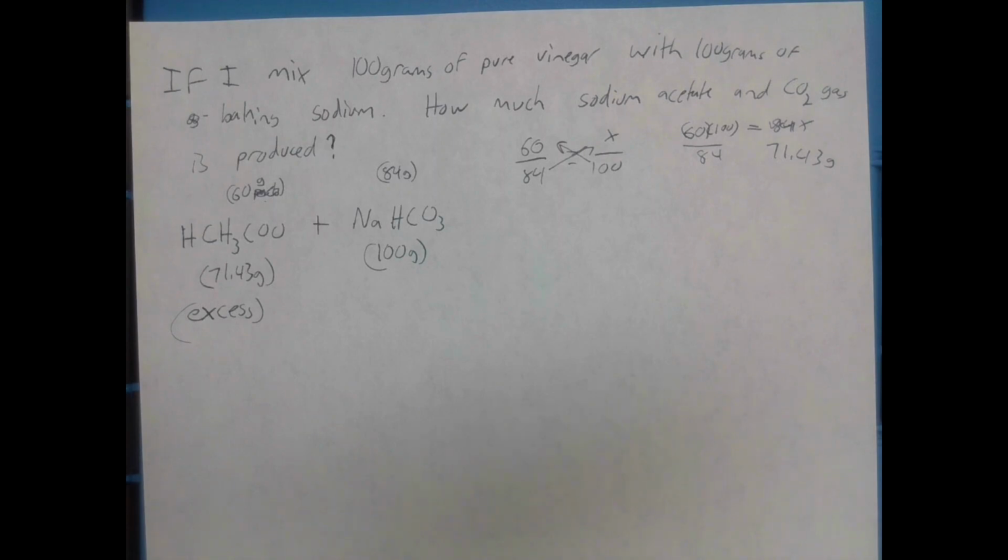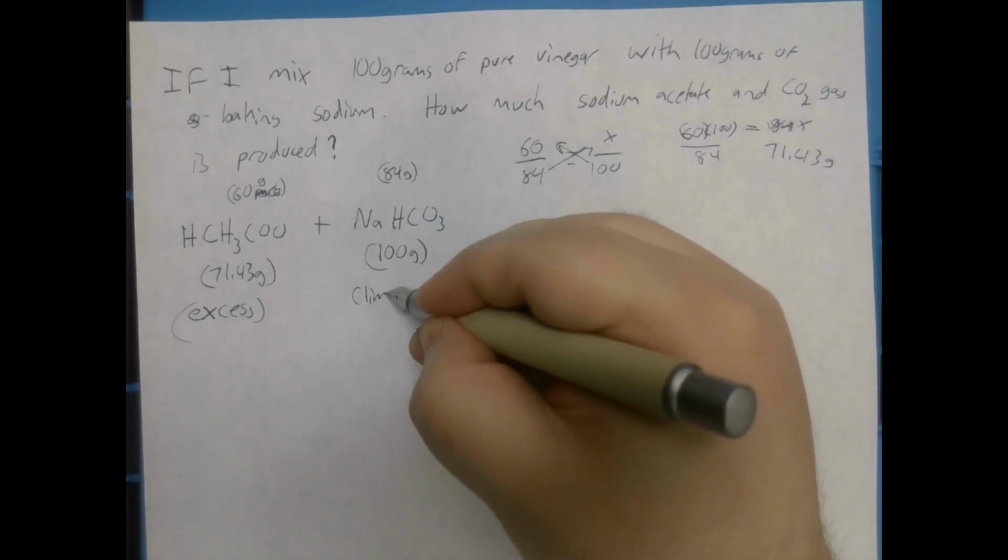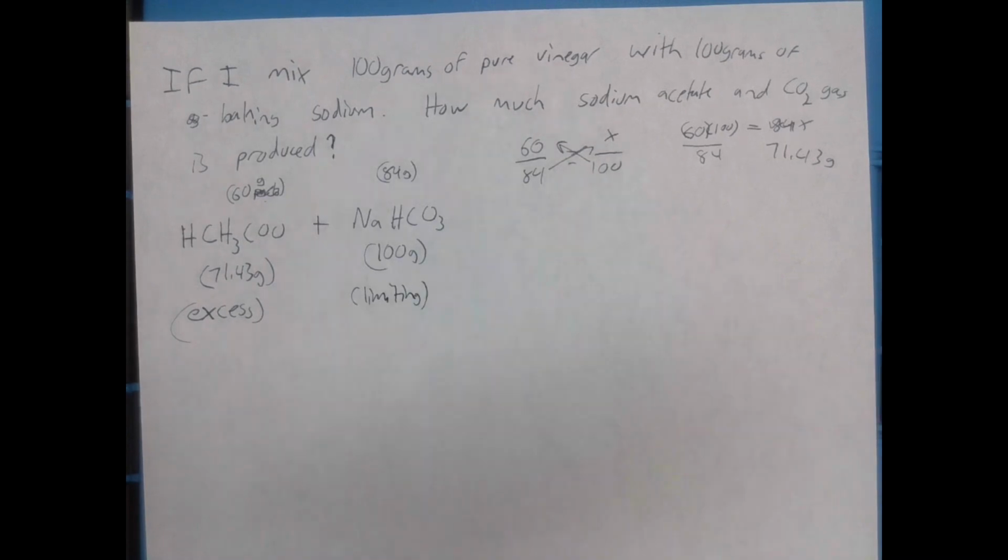So if we did those exact numbers, since vinegar is aqueous, would it dissolve in the water produced from the reaction? If we used both 100 grams and there was excess vinegar, since the reaction produces water and vinegar is aqueous, yes, the water produced dissolves in the vinegar.